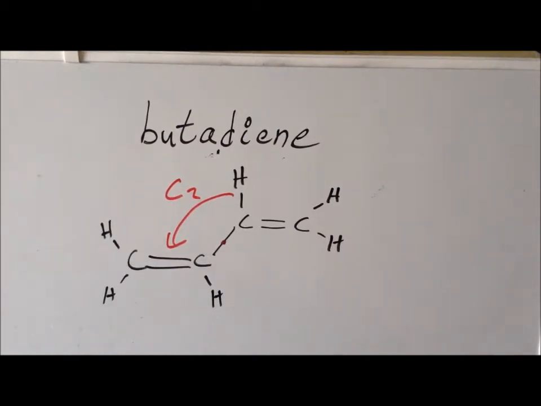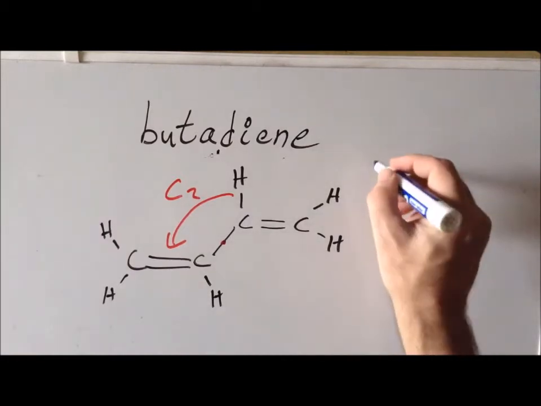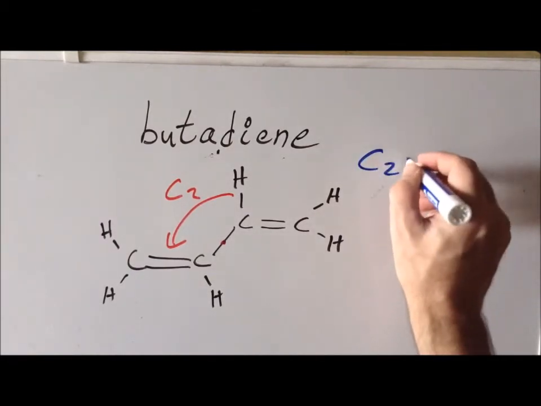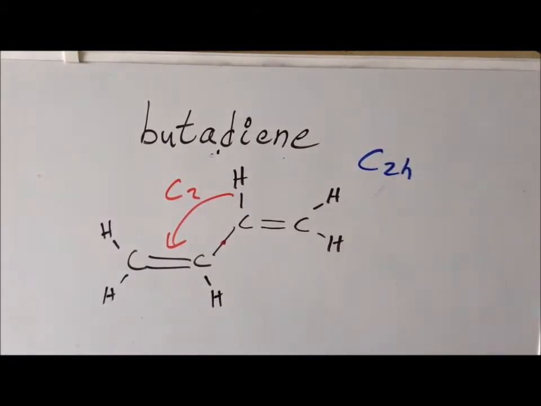So just from that information, the C2 plus the horizontal mirror, we know that this must belong to the point group C2H. Further confirmation of this fact we can get from looking for the one additional symmetry operation, which we know is present in C2H.